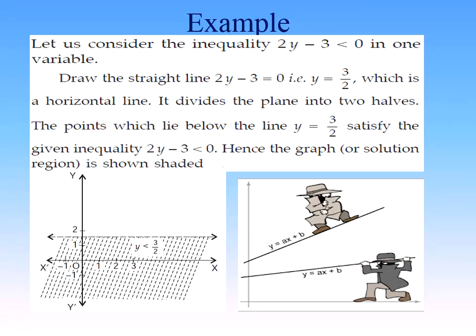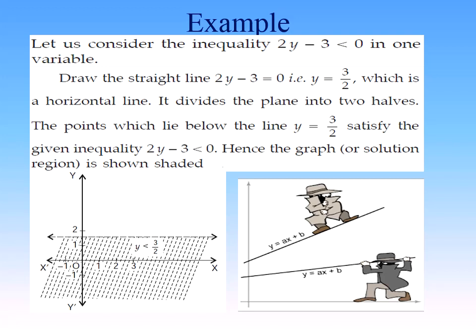Let us consider the inequality 2y minus 3 less than 0 in one variable. Now consider the inequality as an equality. First we draw the line 2y minus 3 equal to 0, from where we get y equal to 3 by 2, which is a horizontal line parallel to the x-axis, and it divides the plane into two halves.